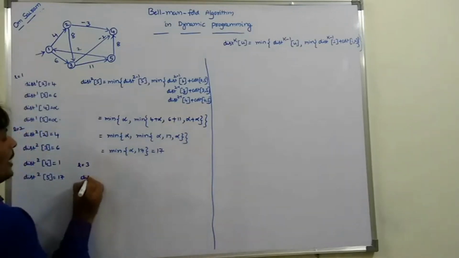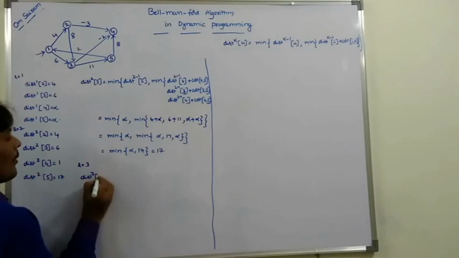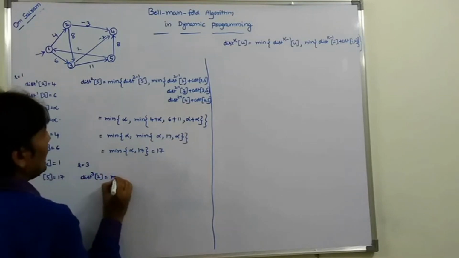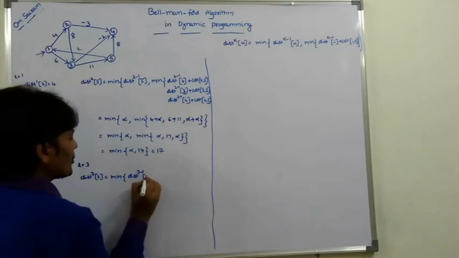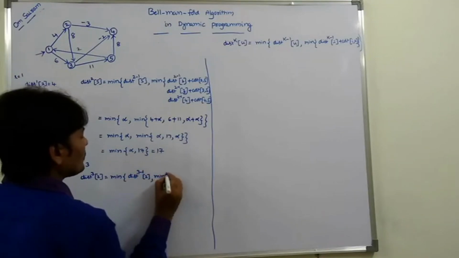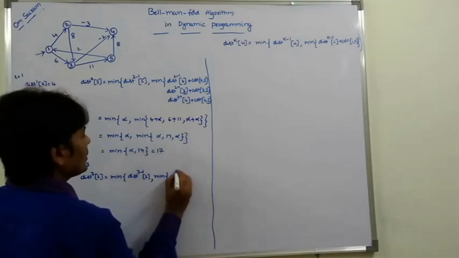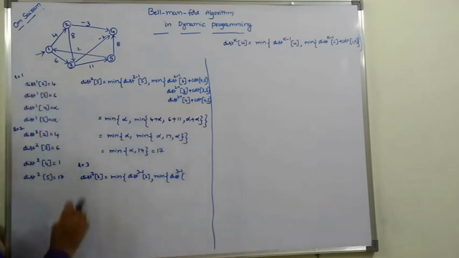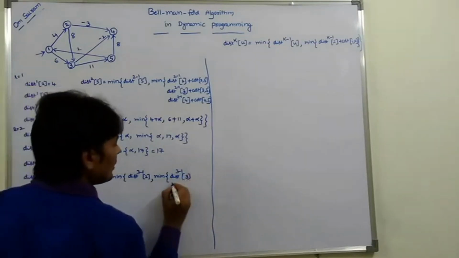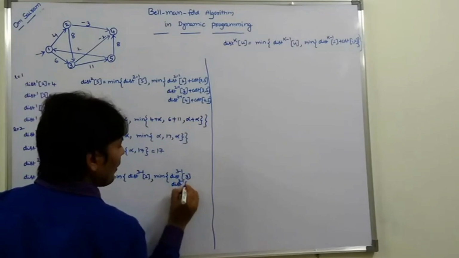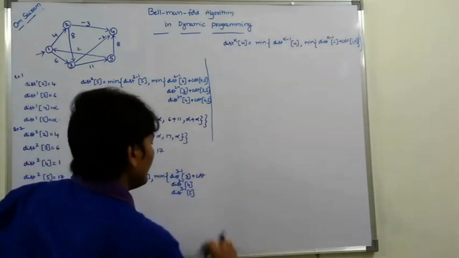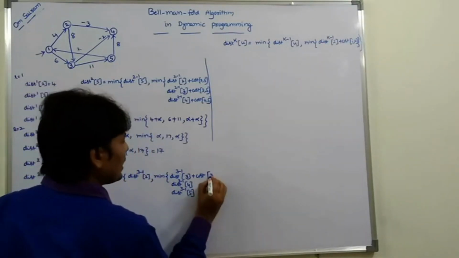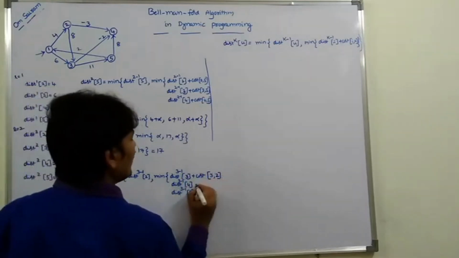So dist 3 of 2 is equal to the minimum of dist 3 minus 1 of u, which is 2, comma the minimum of dist 3 minus 1 of the remaining vertices 3, 4, 5, plus cost of i comma u.